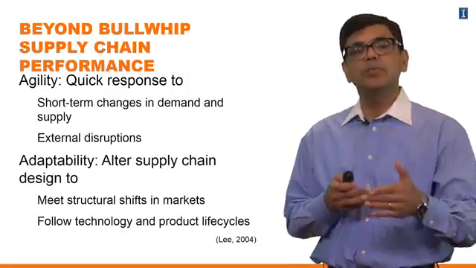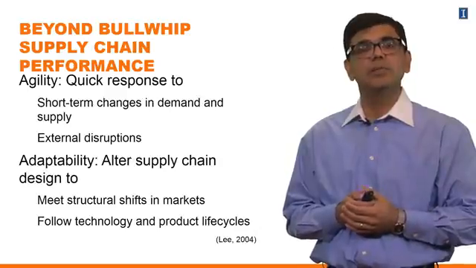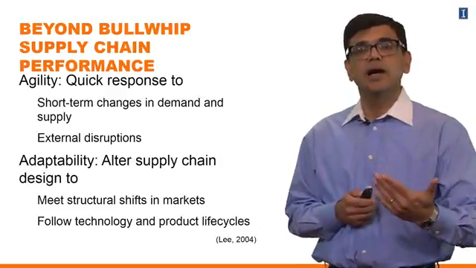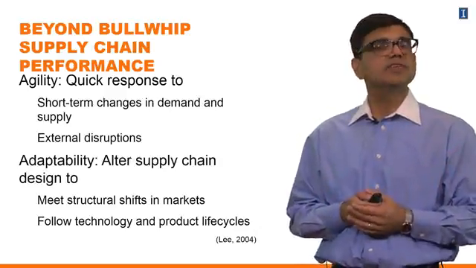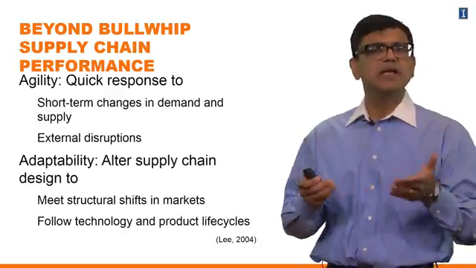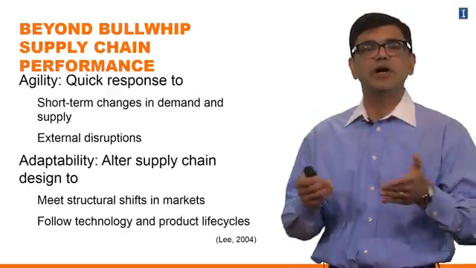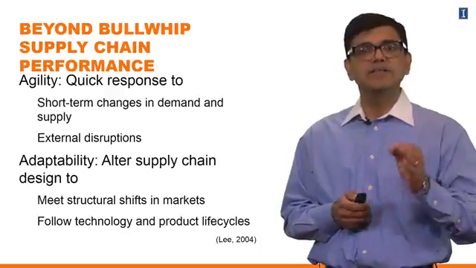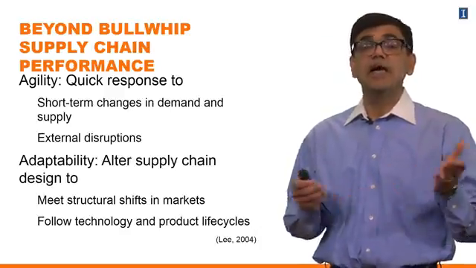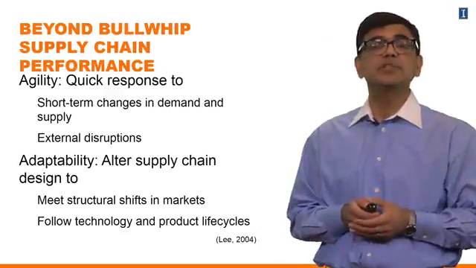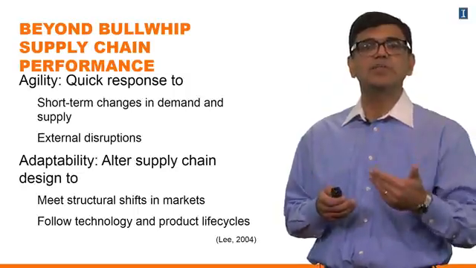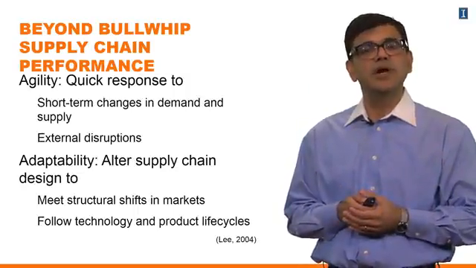So if these two components are being thought about, are being kept an eye on, it helps in general for the supply chain performance of any company, of any kind of supply chain. So we're talking more generally than simply looking at the bullwhip effect, and more generally than looking at a particular type of supply chain. All types of supply chains would benefit from these two aspects.